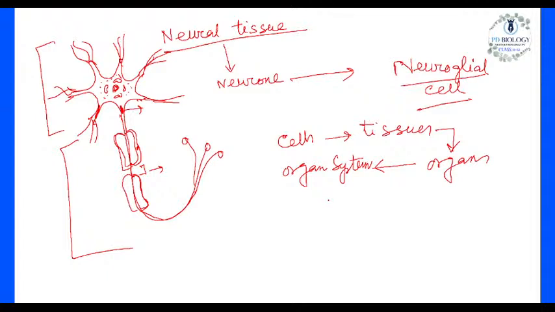An organ is made of one or more types of tissues. That is, the heart has epithelial tissue, connective tissue, muscular tissue, and neural tissue. That is the coordination in our body. So that's the important information of animal tissues in the chapter Structural Organisation in Animals.